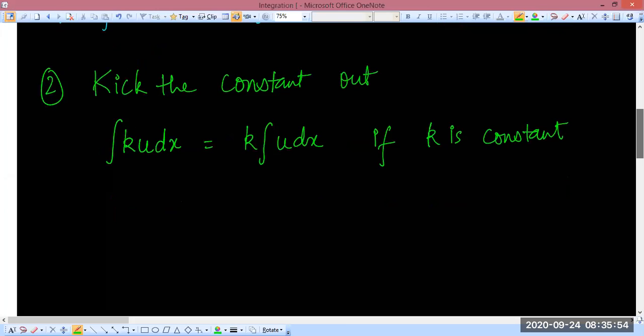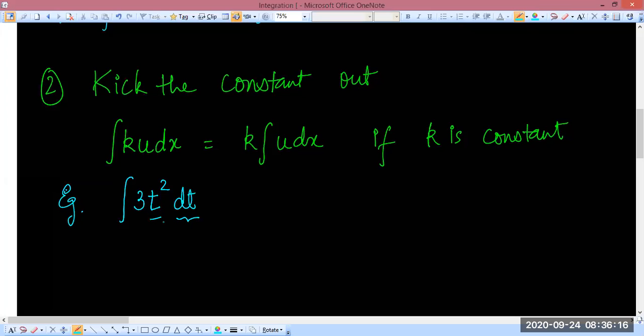So let's take an example. Suppose we are doing integration of 3t square dt. So dt means t is variable, this is changing, right?